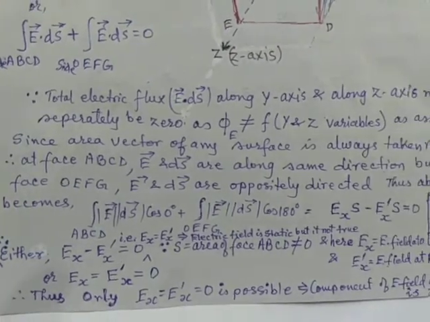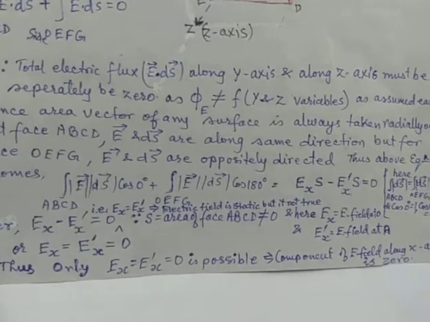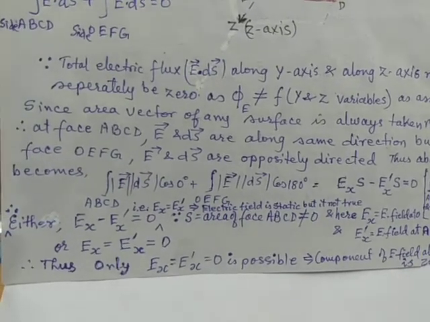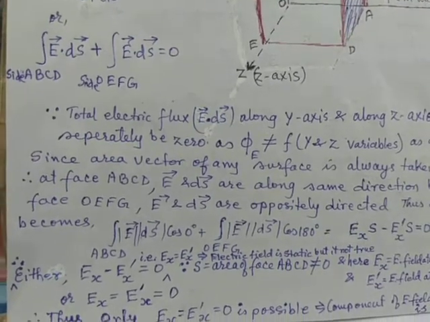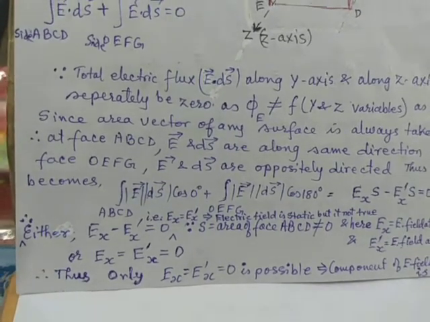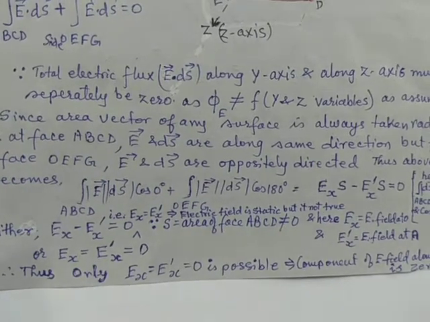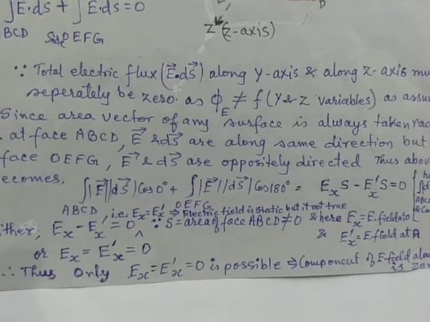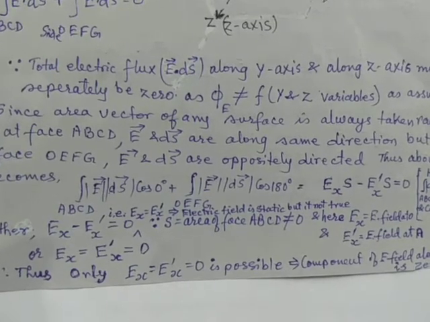Now, since the area vector of any surface is always taken radially outward, therefore for integral E dot ds we have Ex into the area, let us say S, minus Ex dash into S is equal to 0.